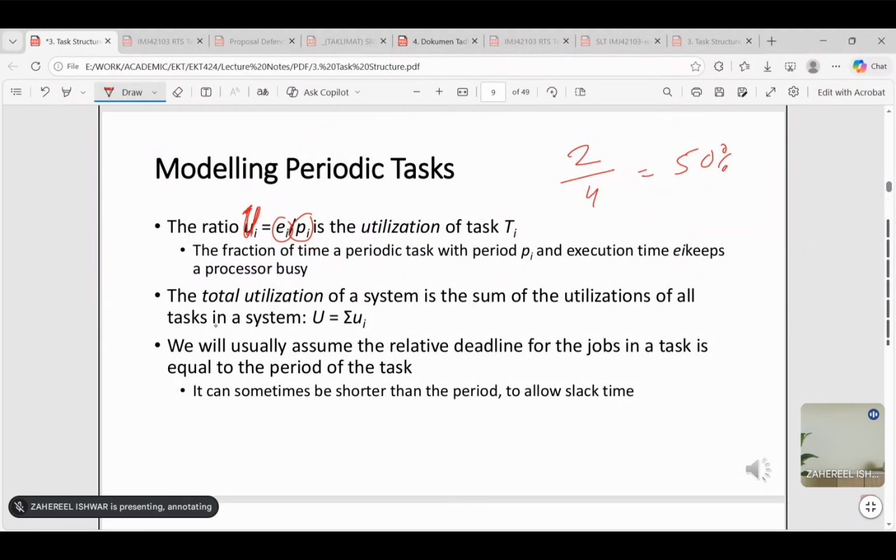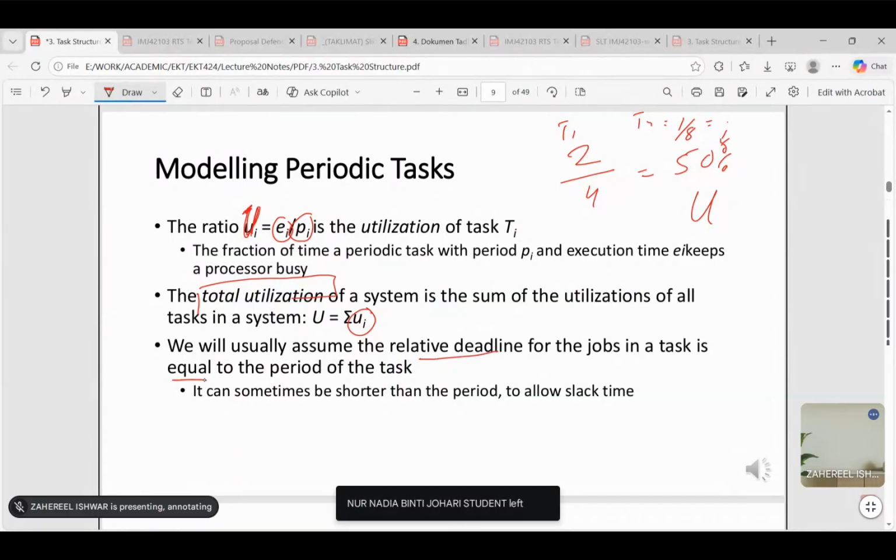What about the total utilization? Well, you just sum up the utilization of each task inside the system. So let's say this is T1, then you have T2, the utilization is 1/8, for example. Whatever that percentage is, you add it up with this one, so you get capital U, total utilization. I mentioned this earlier: relative deadline is equal to period.